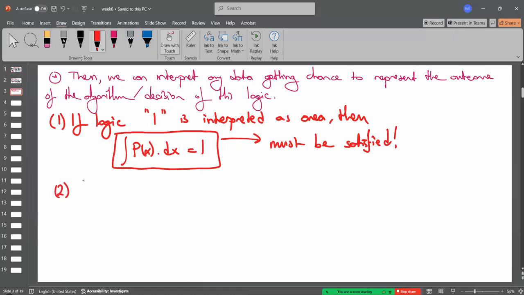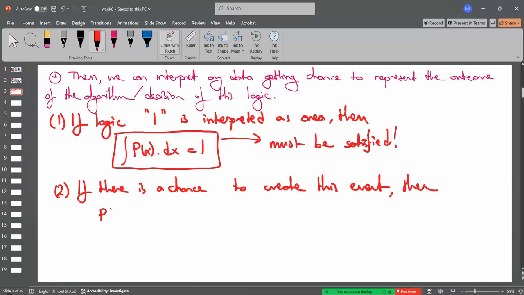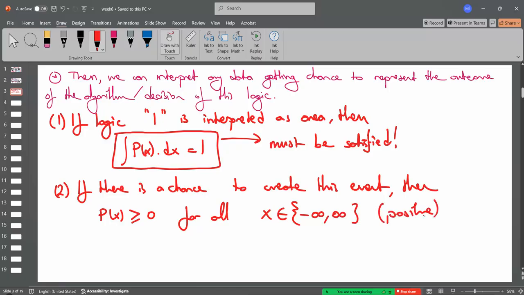Second, if there is a chance to create this event, we need to say that p(x) must always be greater than or equal to 0 for all x, including minus infinity to infinity values, or we can say it to the positive, okay?